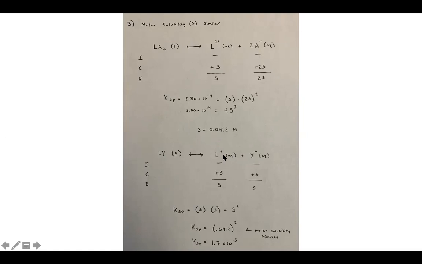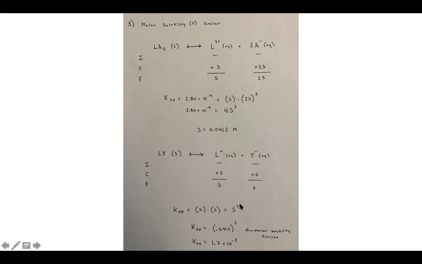Again, we're going to assume we have no initial amounts of these ions, and we're going to put our change in terms of S. When we write our Ksp equation, it's equal to the concentration of L at equilibrium times the concentration of Y at equilibrium. So S times S. So our Ksp is really equal to S squared.